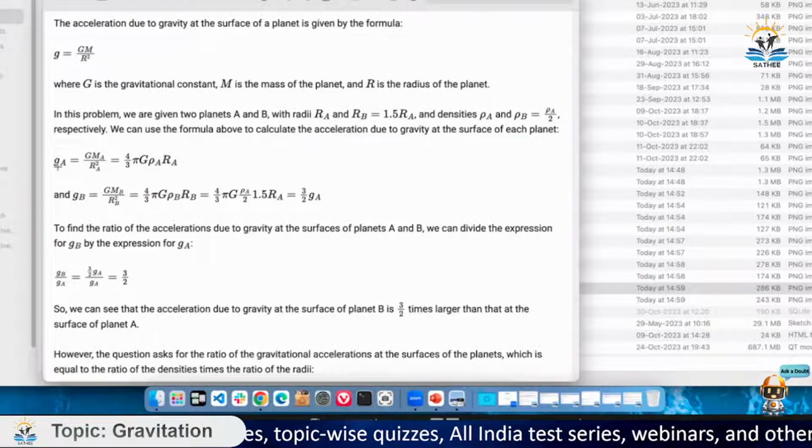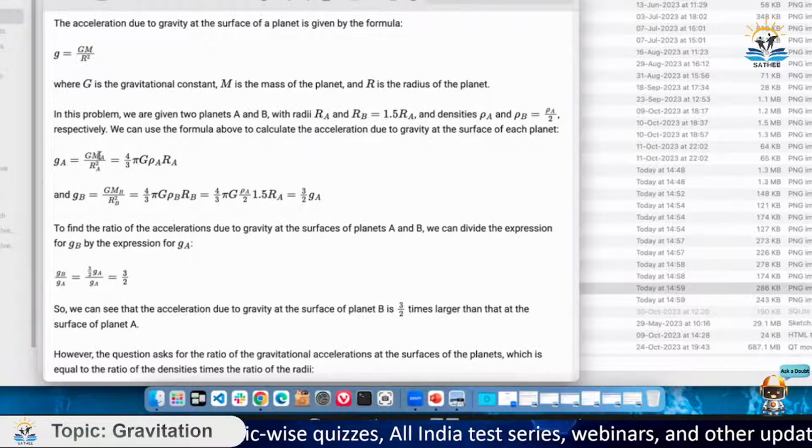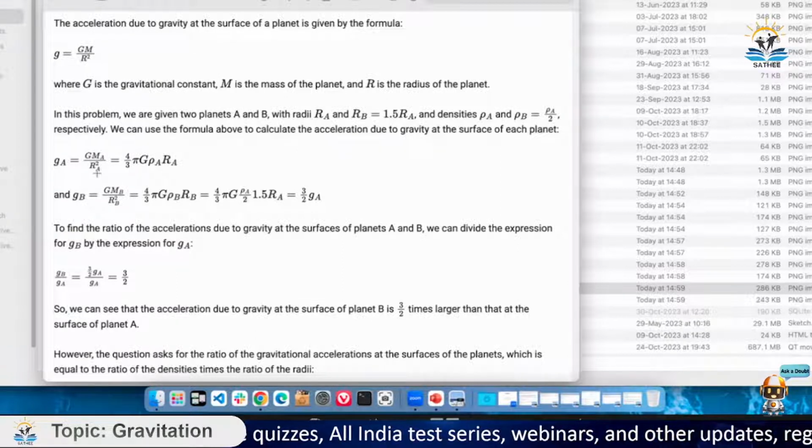So acceleration due to gravity of body A would be capital G mass of A upon radius of A whole square.